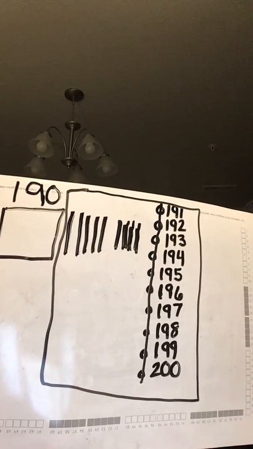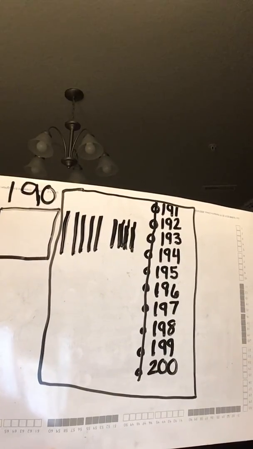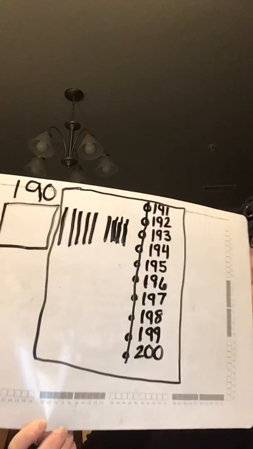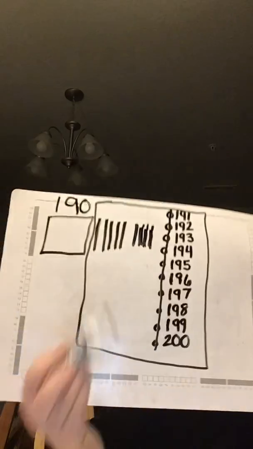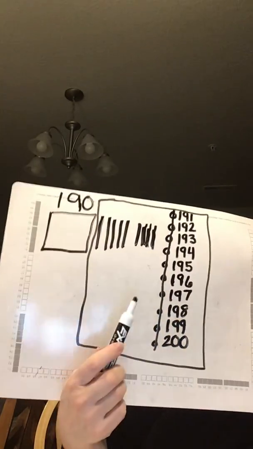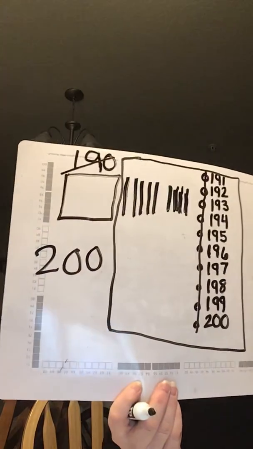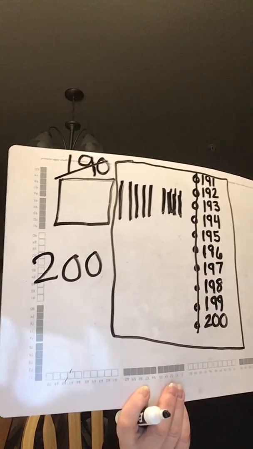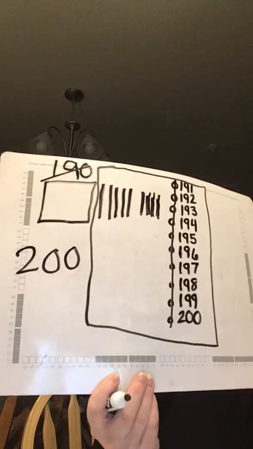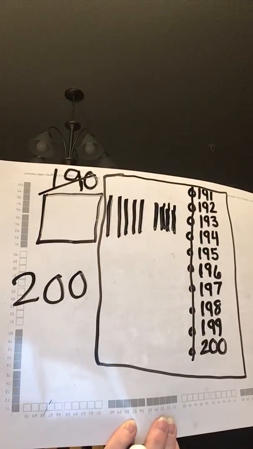Look at that. I have now made 10 sticks. So now instead of 190, now I have 100, 200. And that is what I have now. I'm going to cross off the 190 and I'm going to write my 200 by there because now I have 200. Isn't that awesome? I love doing stuff like this.